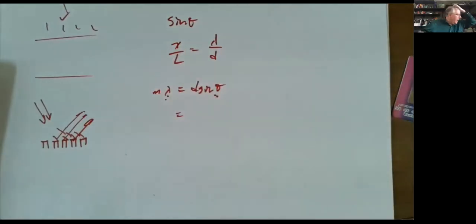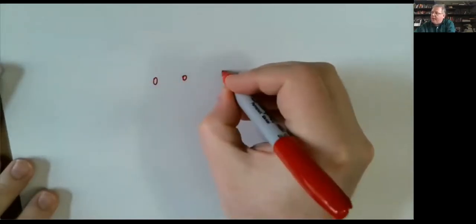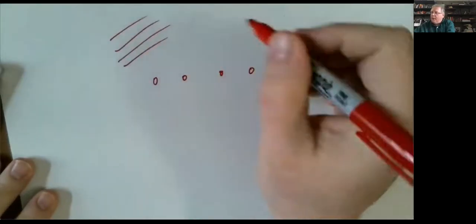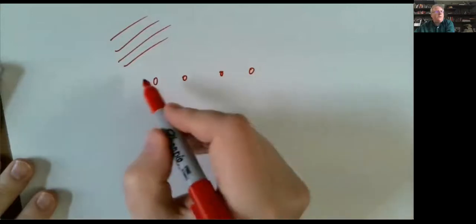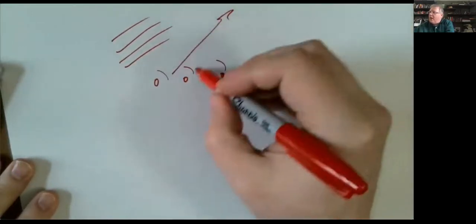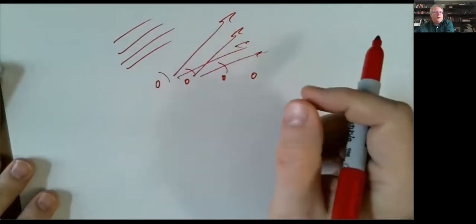Another place where you see this is, let's say I take reflections again off some tiny little things. I'm going to shine some light on it of some wavelength, where the wavelength is about the same as the distance between these tiny little things. Each one of these will re-radiate, and so again, I'll get constructive interference in some directions and destructive interference in other directions.